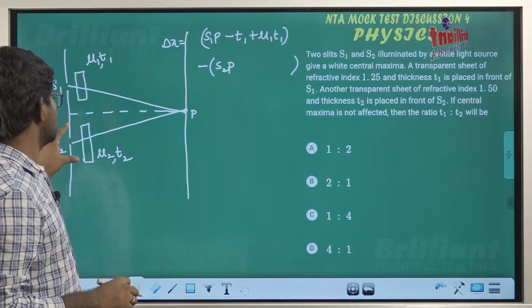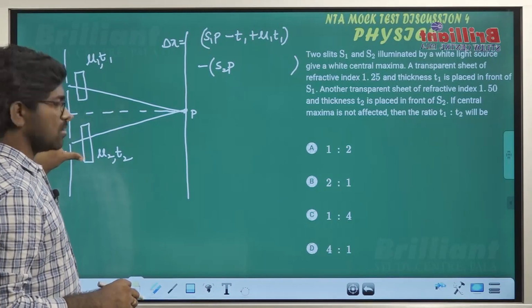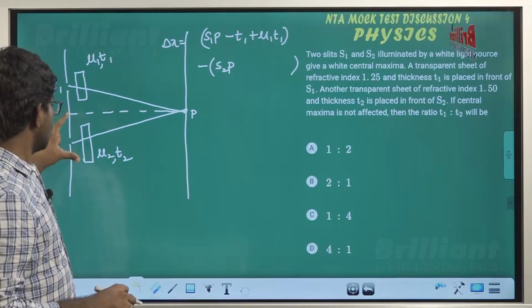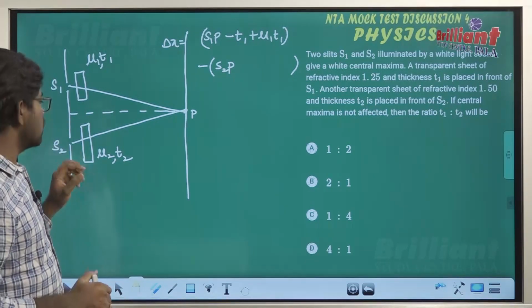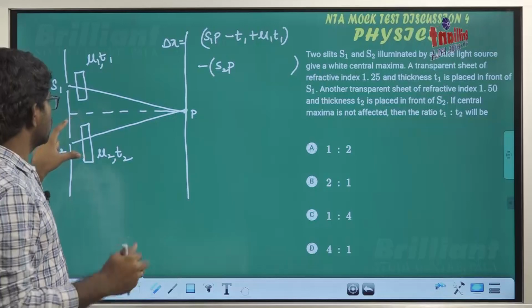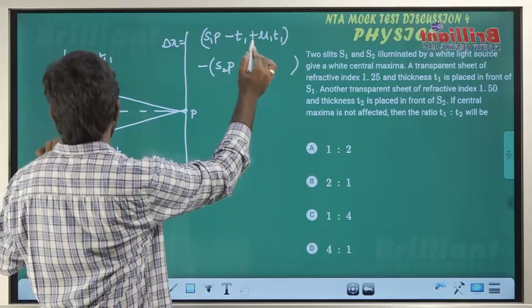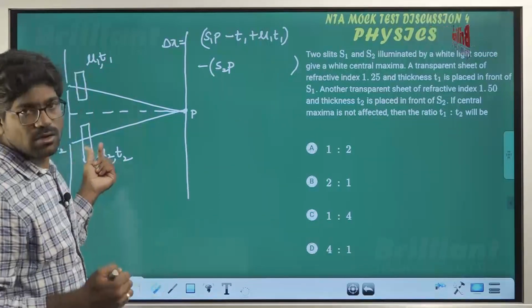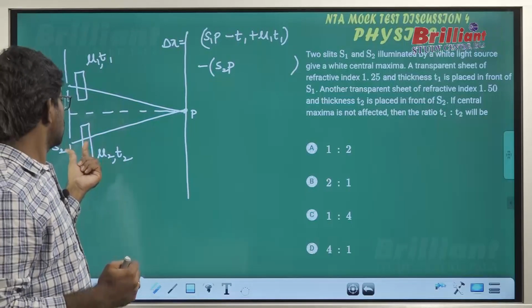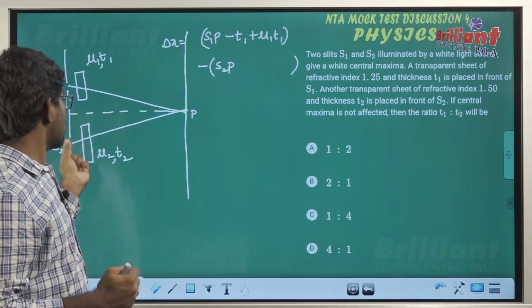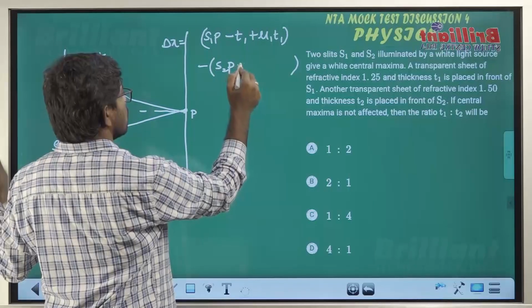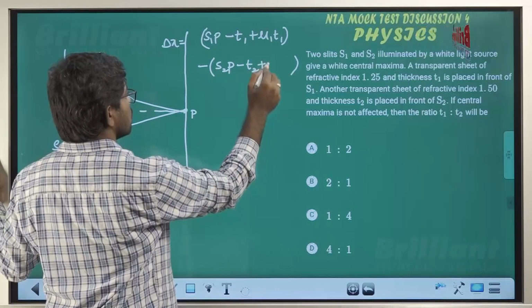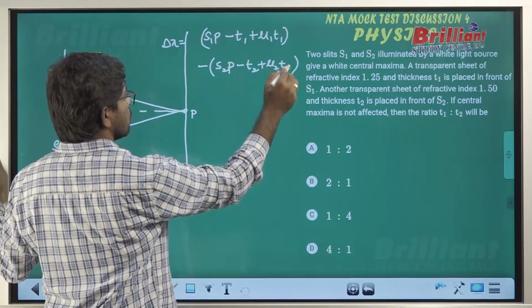Now you have a sheet of thickness T2. In air, it actually travels nu2 T2. So that nu2 T2 you need to consider, and you need to subtract that T2. So the path length traveled by this ray will be S2P minus T2 plus nu2 T2.